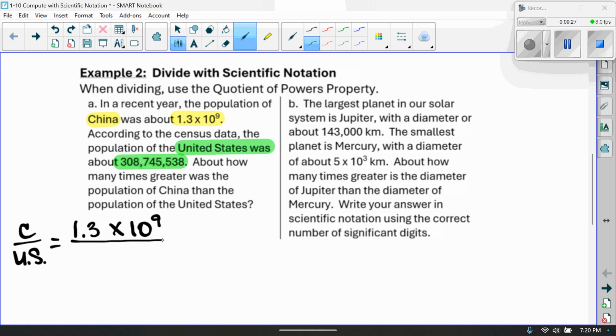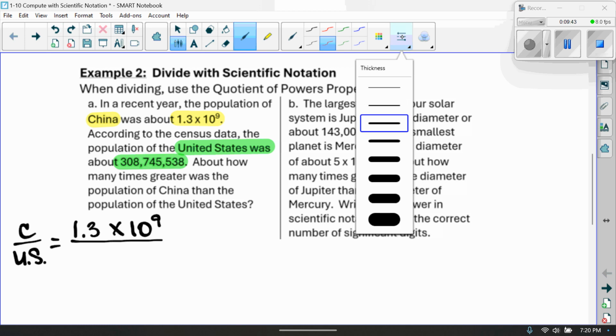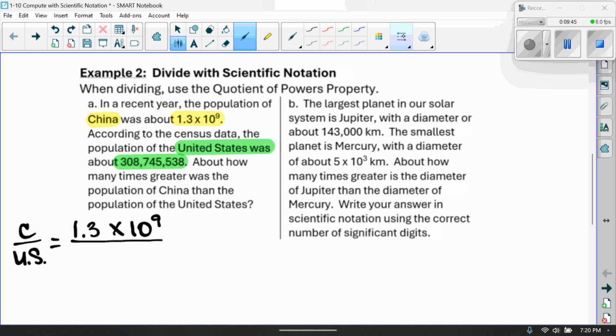And then the U.S., you look up there, it's not in scientific notation, so we want to write it in scientific notation. So when I write it in scientific notation, if you'll notice, down here, we have 2 significant figures. So that means that we want to have 2 significant figures in our other number. So right here, there's our 2 significant figures.